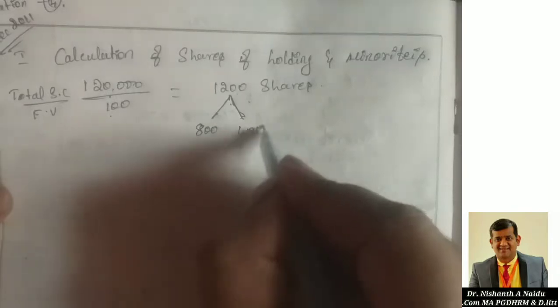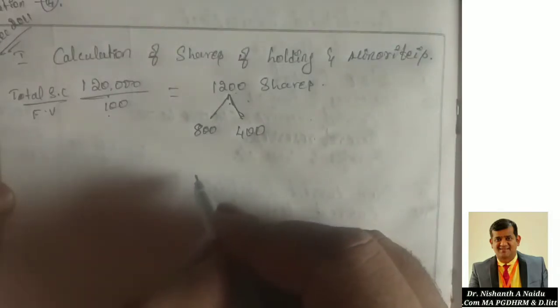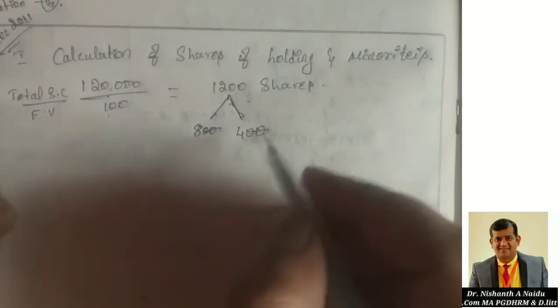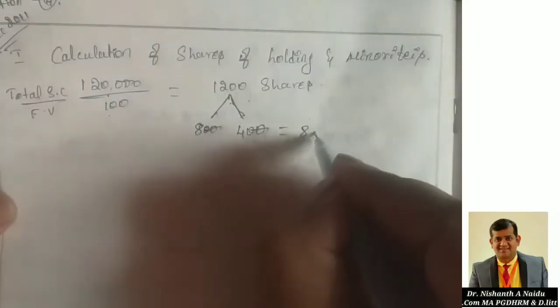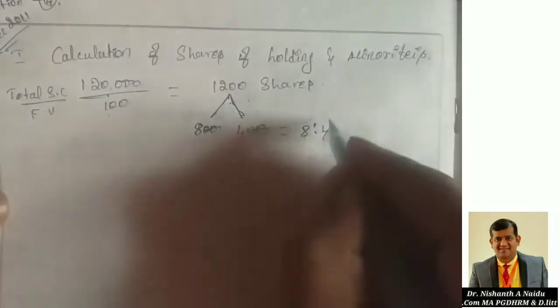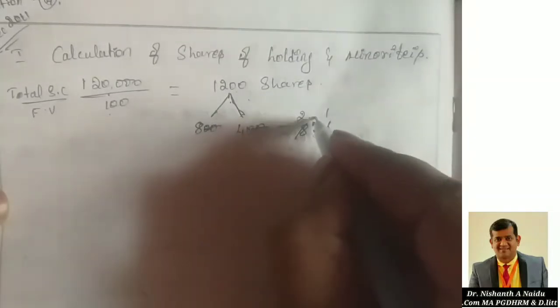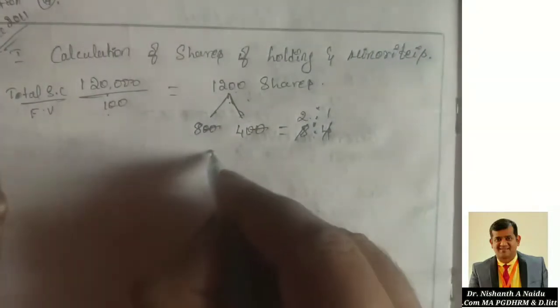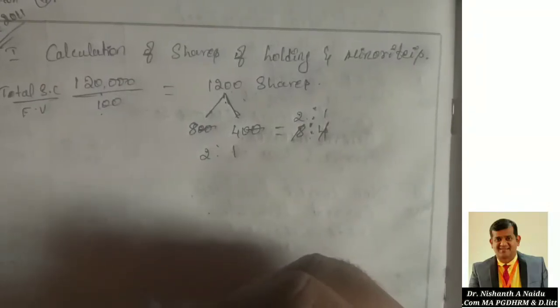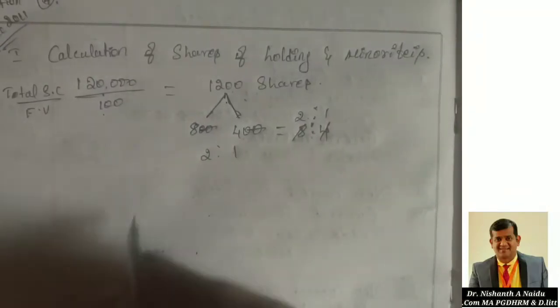The balance is 400. Now cancel the common factor, 0, 0, 20, 20 cancelled. So that is 8:4, which can be simplified: 4 ones are 4, 4 twos are 8. That becomes 2:1. So the ratio for this is 2:1.